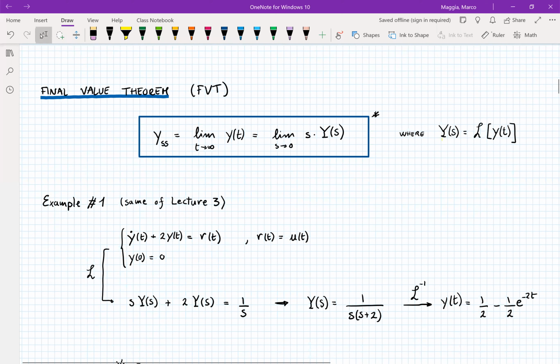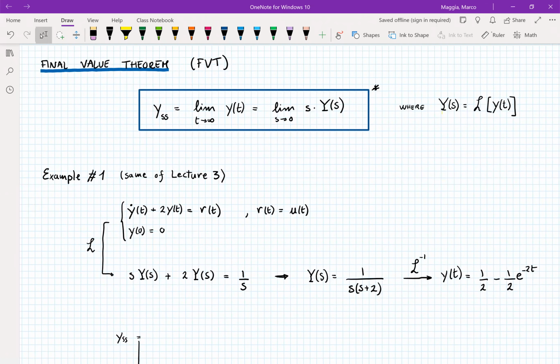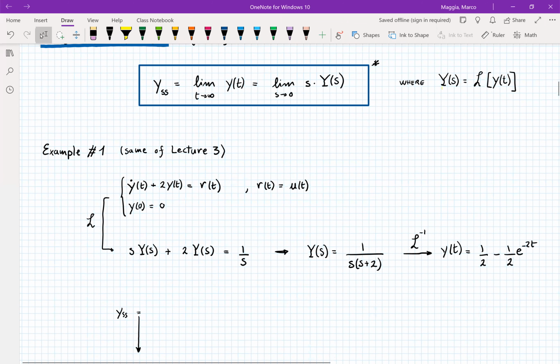Let's take the example that we saw in lecture 3. So in lecture 3, we started from the output in the S domain. Here, what I'm doing, I'm giving you the ODE in the time domain with an initial condition and with an input, then find the Laplace transform, therefore an algebraic equation.